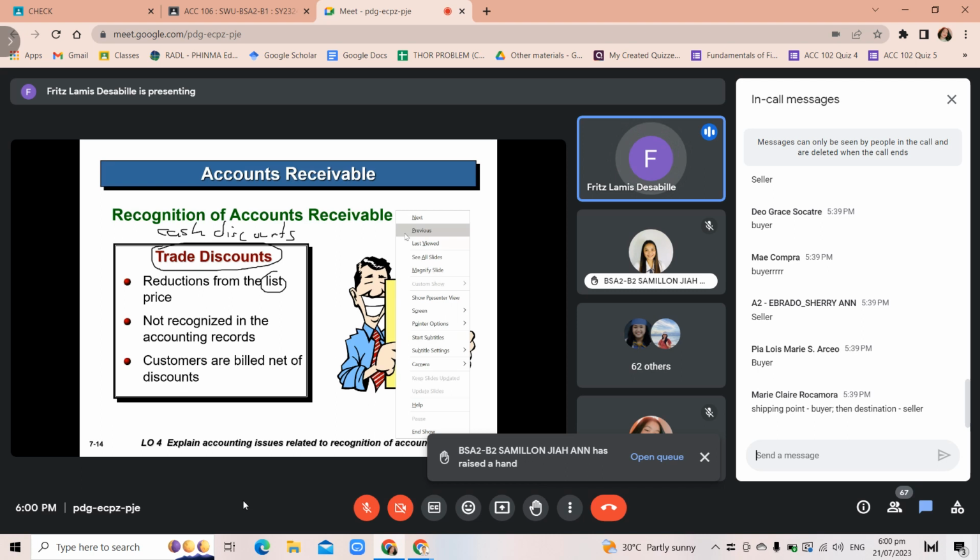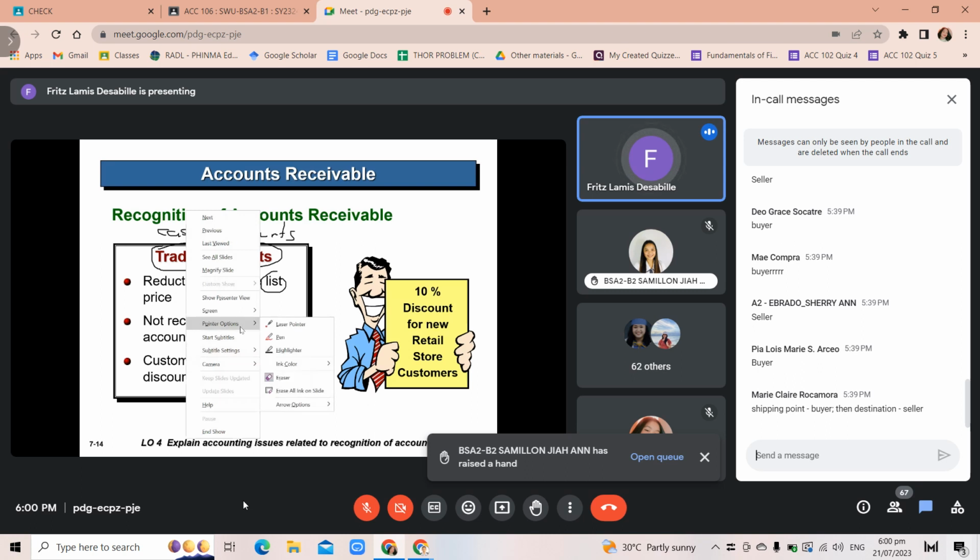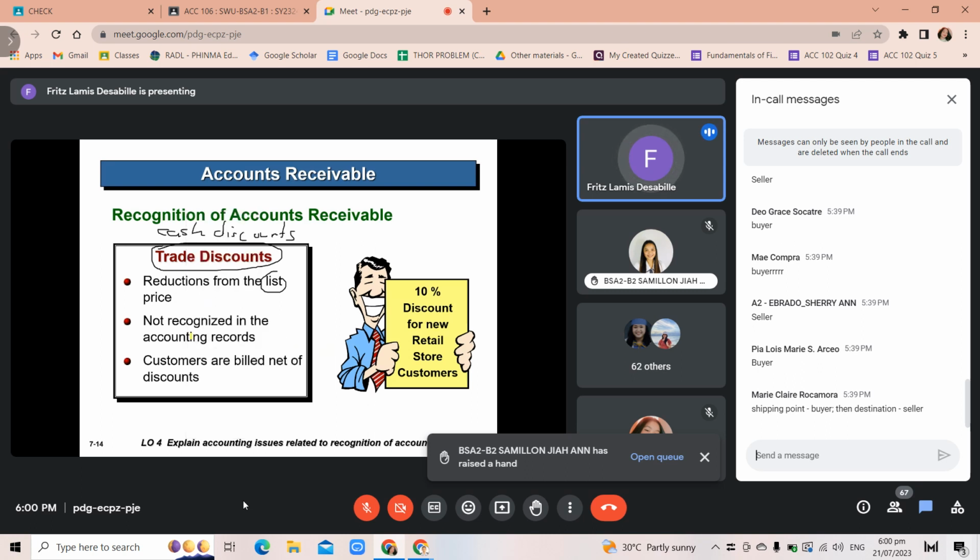List price minus trade discount would be our invoice price. Okay, take note of this one, guys. This is the most important item here. Remember, a trade discount is not recognized in the accounting records.